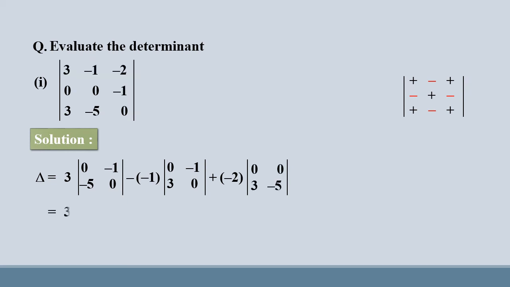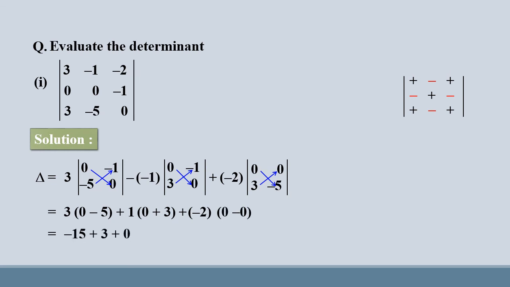On simplifying, we get 3 into the product of diagonal minus the product of non-diagonal, we get 0 minus 5. Next, plus 1 into 0 plus 3, and plus into minus 2, we get 0 minus 0. On simplifying further, we get minus 15 plus 3 plus 0. So the answer is minus 12.